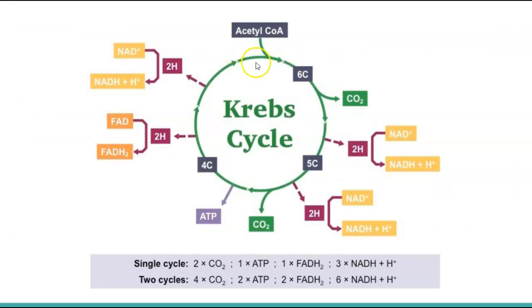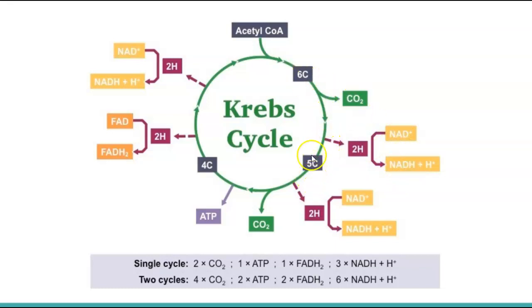So again, you have acetyl coenzyme A as your starting point. It is going to combine with oxaloacetate to form citrate, this 6 carbon molecule. Once that 6 carbon molecule is there, you're going to start going through a number of steps, right? Right off the bat, we lose a carbon to make CO2. Then we lose a hydrogen where NAD+ becomes NADH. Again, our taxi is picking up more passengers.